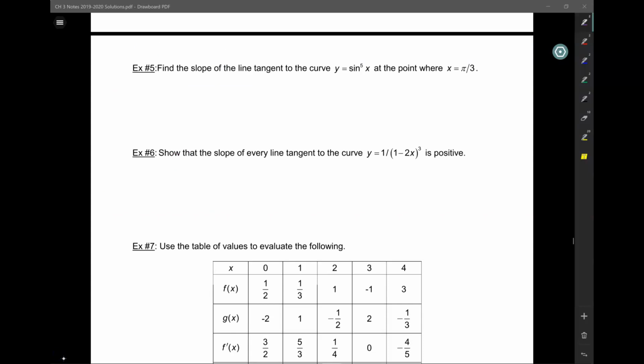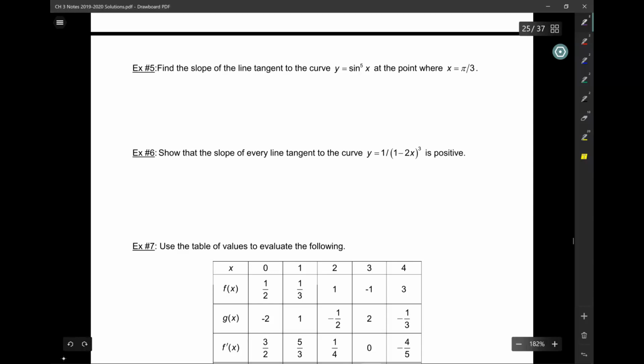Okay, find the slope of the line tangent to the curve sine to the 5x at the point where x equals pi over 3. At first glance, to the untrained eye, this does not look like a chain rule problem. Eventually you will recognize very quickly that it is.